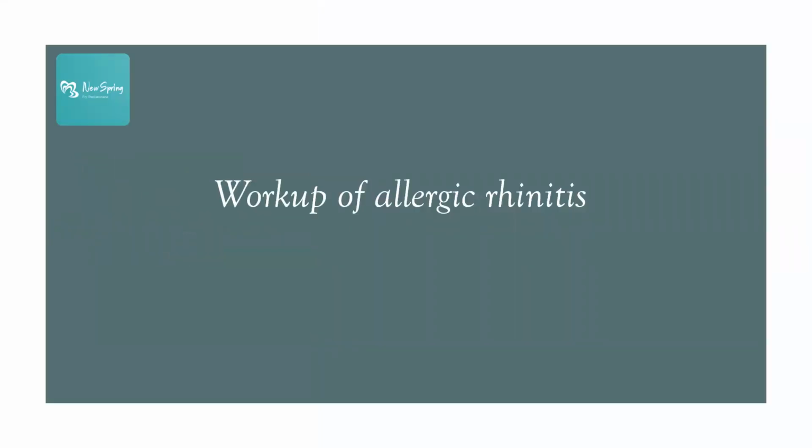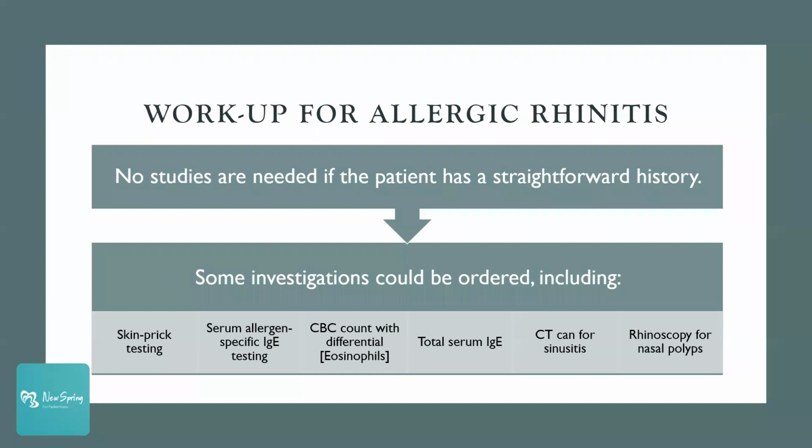So what's the workup of allergic rhinitis? It's quite straightforward. If the patient has a straightforward history, there is no need for any investigations or studies. However, if the patient is difficult to diagnose and you as a physician or pediatrician do not know the diagnosis, some investigations could be ordered.